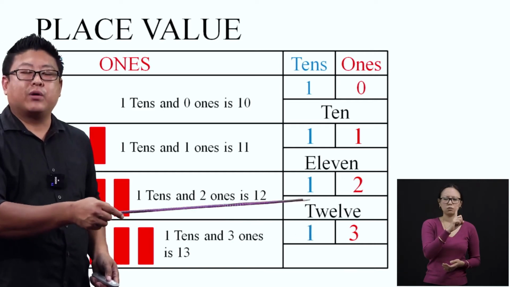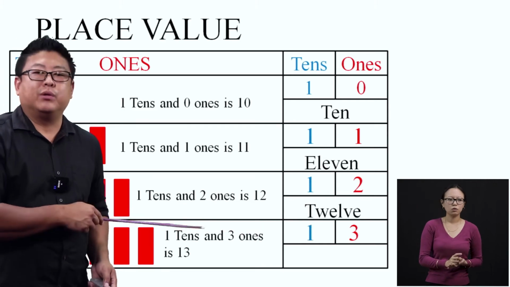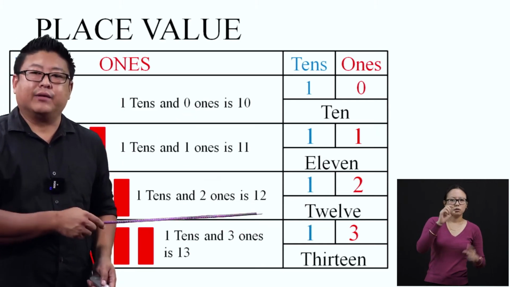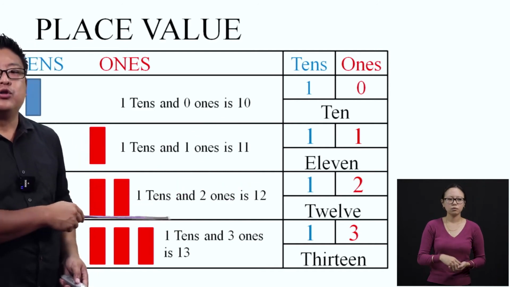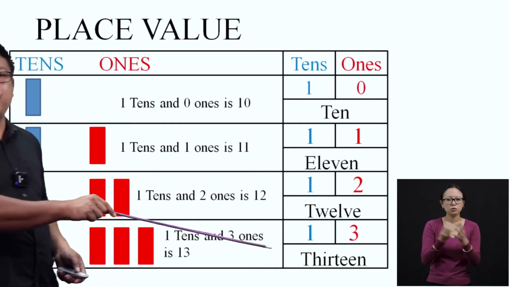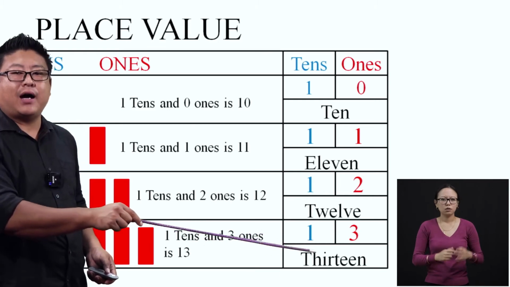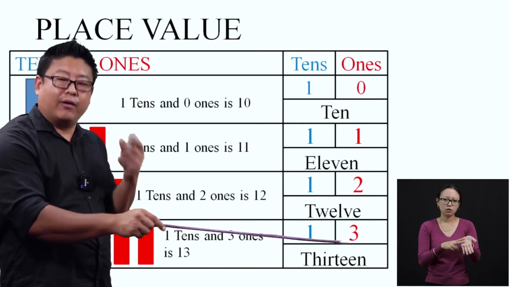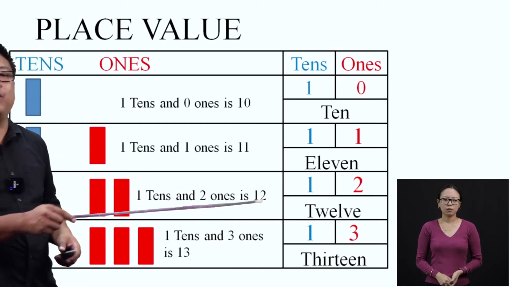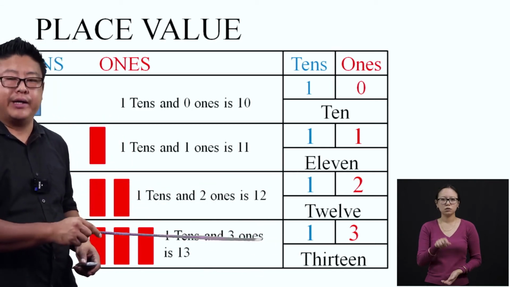So when you combine 1 and 3, you will get 13. So the spelling of 13, the name of the number, is thirteen, all right? So this is the name for the numeral 1, 3, all right?